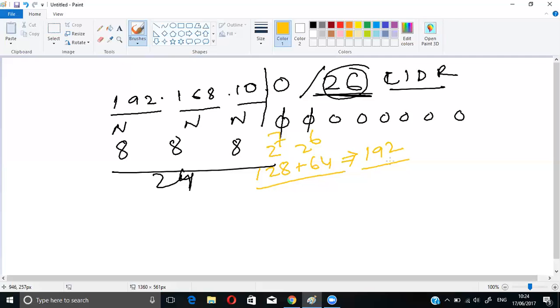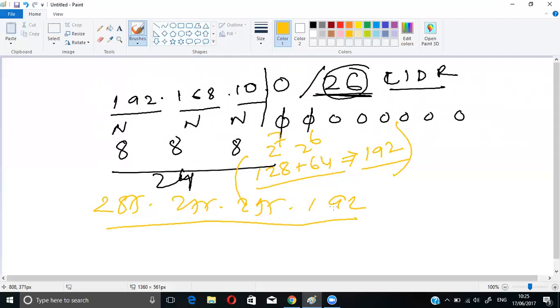Fine. So then what will be the subnet mask now? 255.255.255.192. This will be the subnet mask.